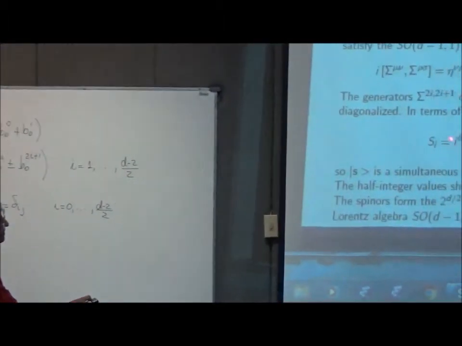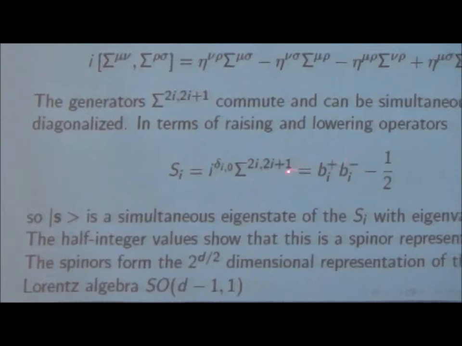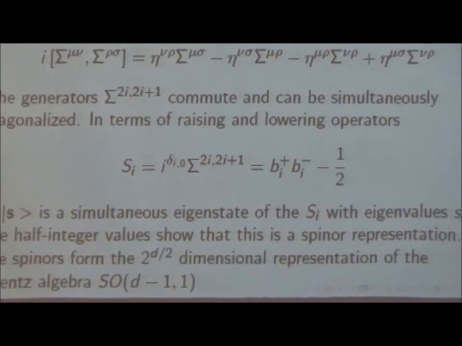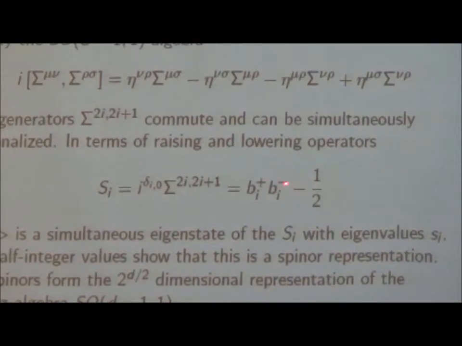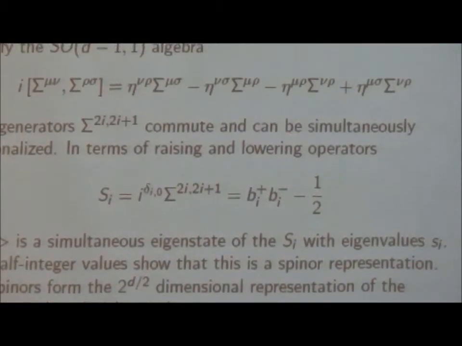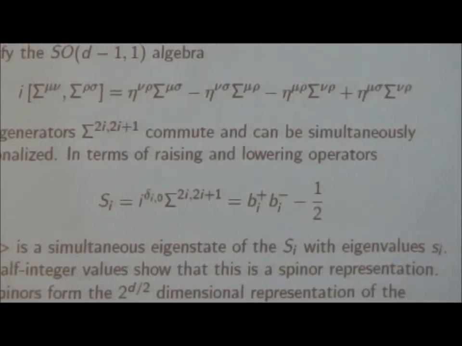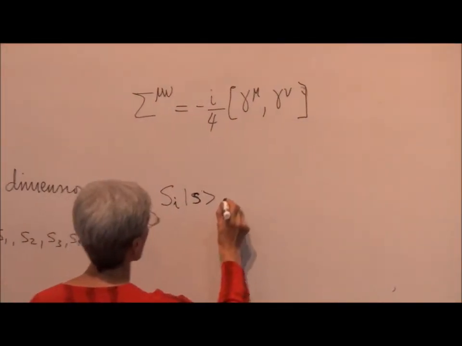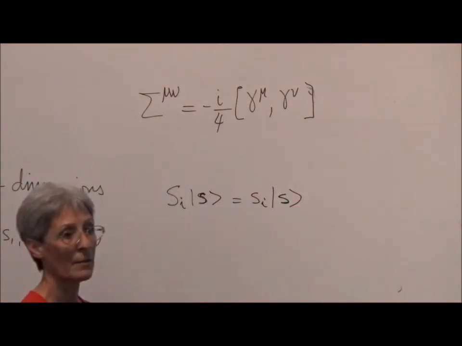And then I can write this sigma_{2i, 2i+1} in terms of the b_i's, which I constructed here. So I can define this operator S_i, which is a product of b plus, b minus, minus half. So one can see that the ground state is a simultaneous eigenstate of the S_i with eigenvalue s_i.